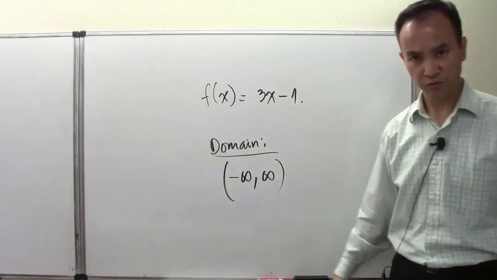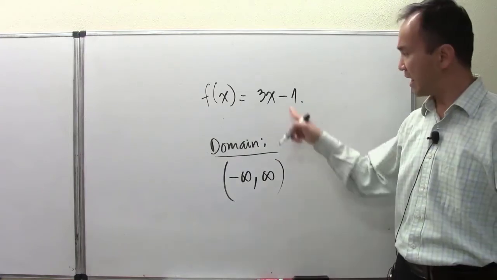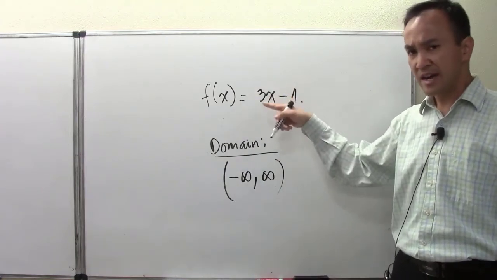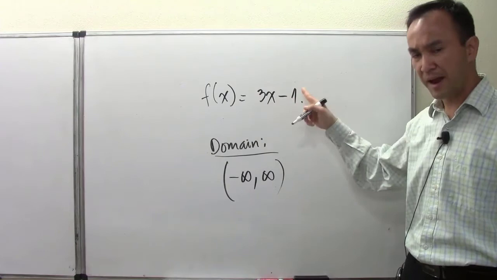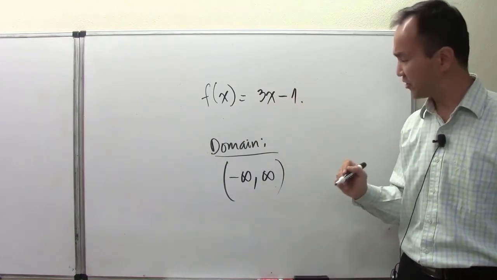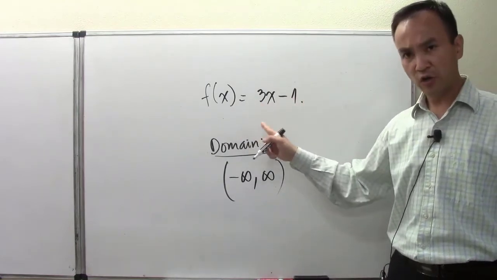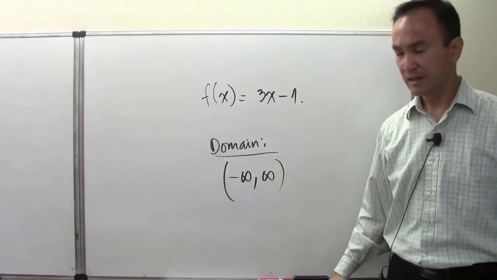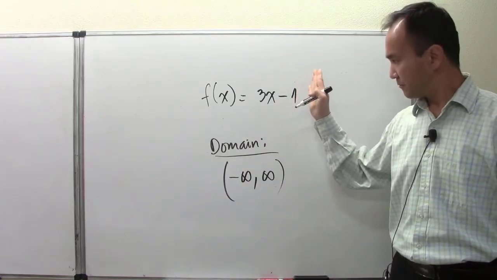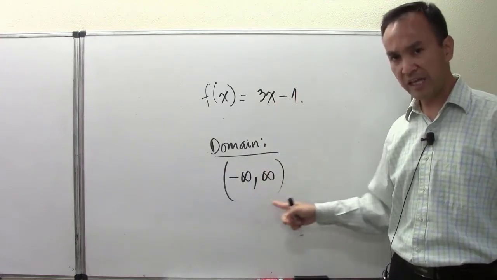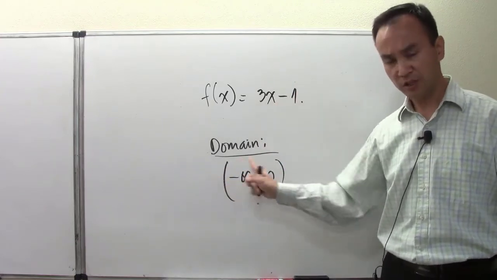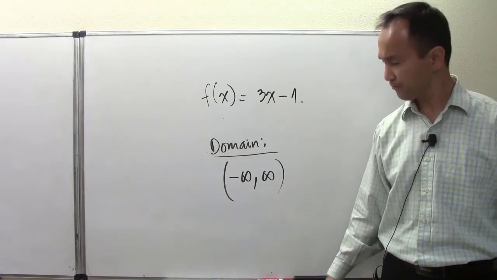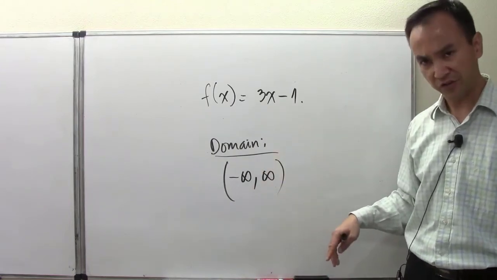All real values. That's my point. So outside of this function, you may see x squared and the power functions and all that. The domain for those functions should be anywhere from negative infinity to infinity. So this kind of function is pretty easy on the domain. It takes all numerical input values. But now let's look at some other functions.